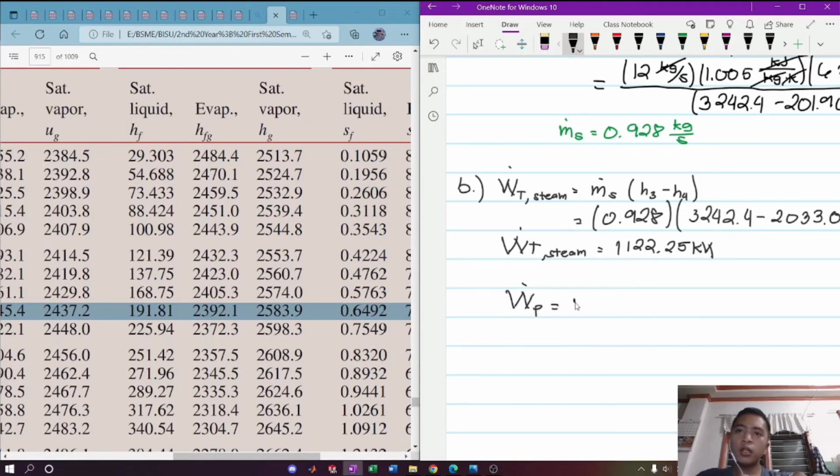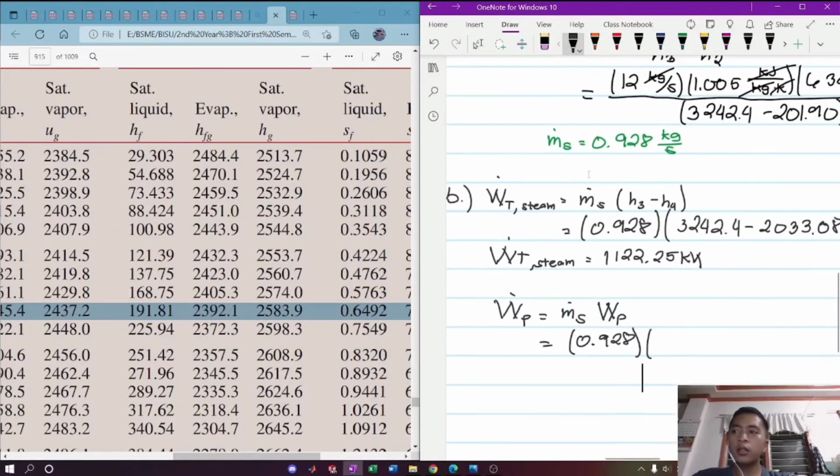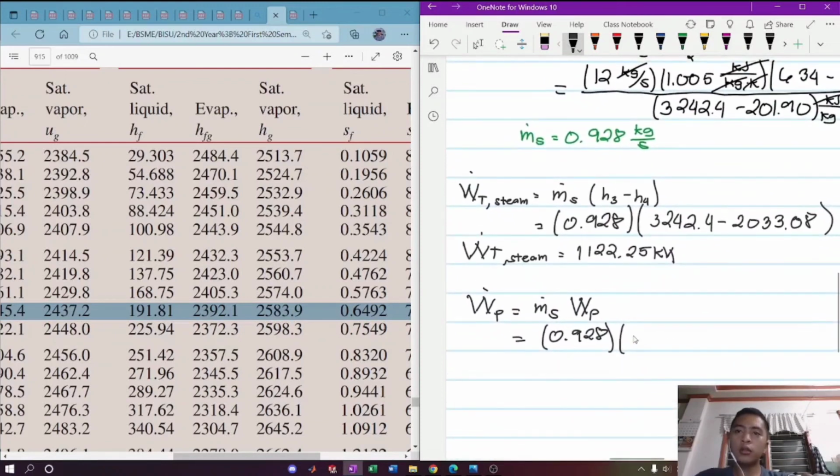So work sa pump sa steam na gyapon ni siya m dot s times work sa pump. So 0.928 times sunod mo na siya sa 10.0899. So you have 9.36 kilowatts.